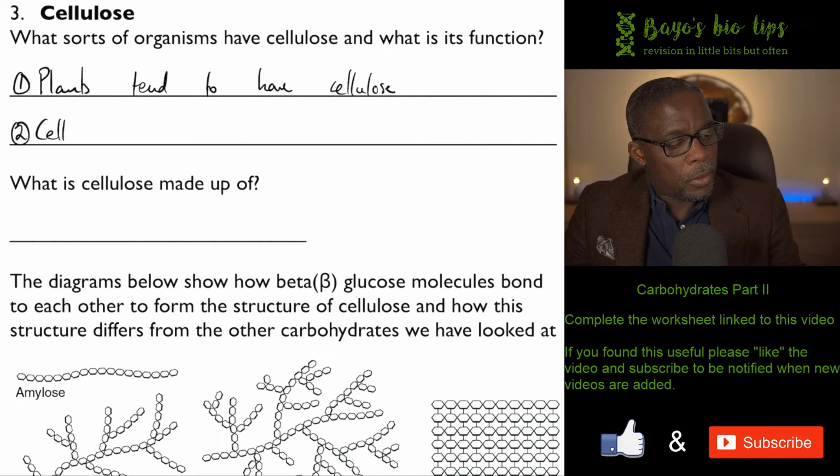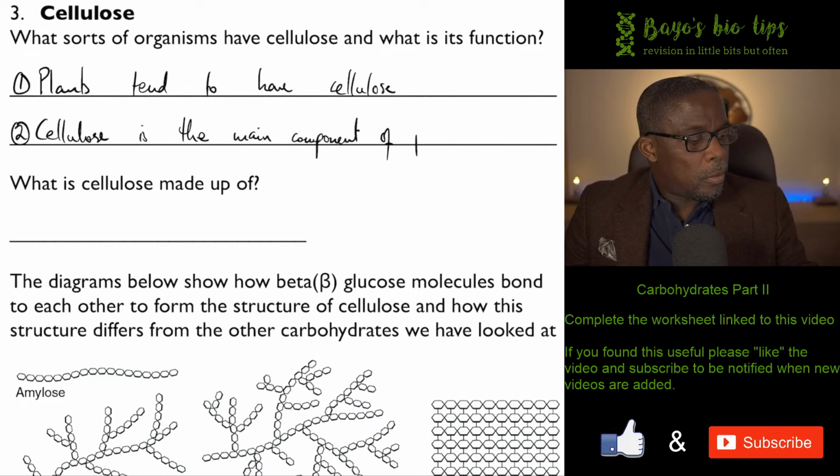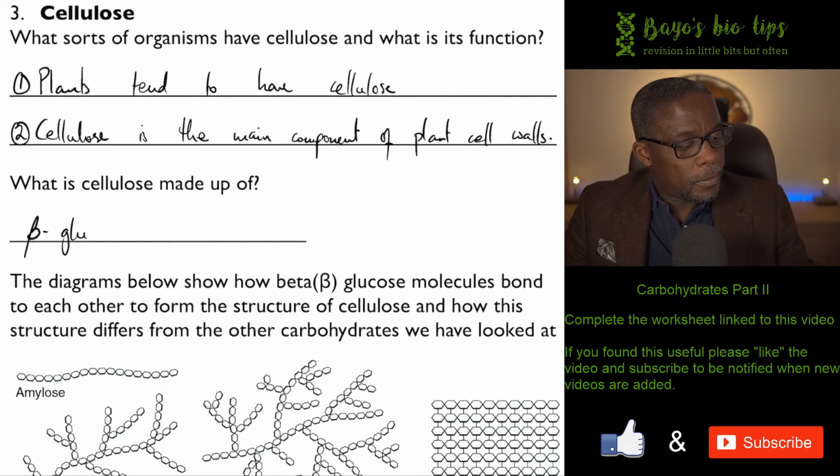And cellulose is the main component of plant cell walls. So what is cellulose made up of? So unlike glycogen and starch, cellulose is made up of beta glucose rather than alpha glucose. So let's make that a bit neater. So it's made up of beta glucose instead of alpha glucose.